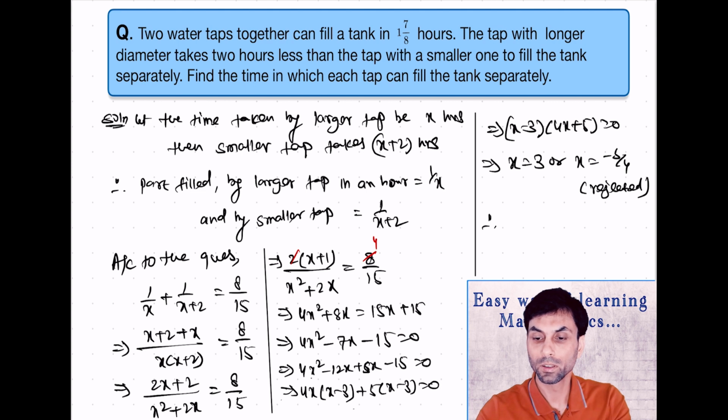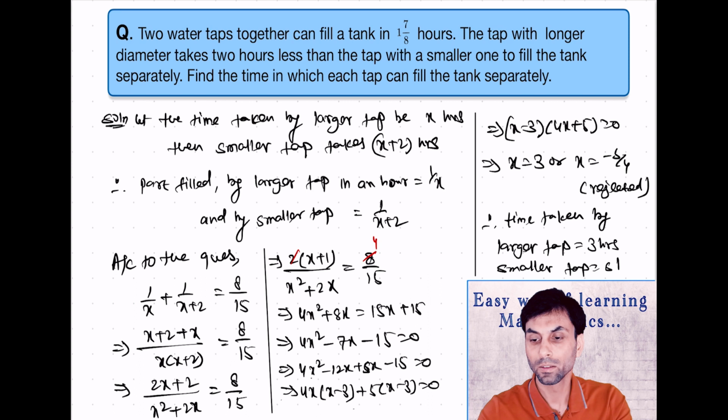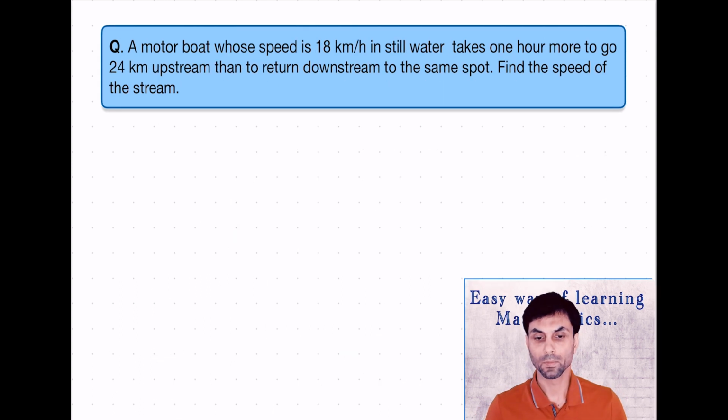So therefore, time taken by the larger tap equals 3 hours and the smaller tap will be 5 hours. Moving to the next question.